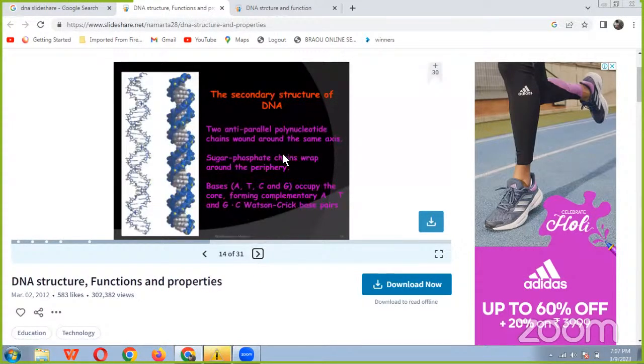The secondary structure of the DNA has anti-parallel polynucleotide chains around a common axis. Sugar phosphate chains wrap around, and the bases A, T, G, C form complementary pairs. This is the Watson-Crick base pair.